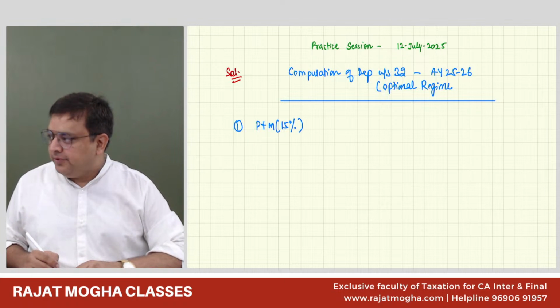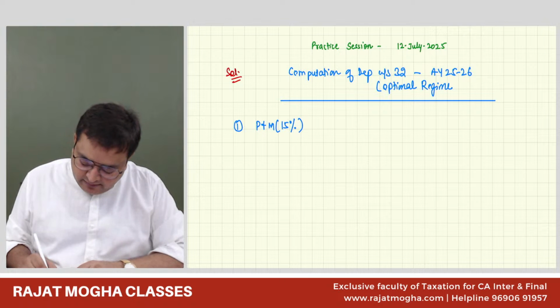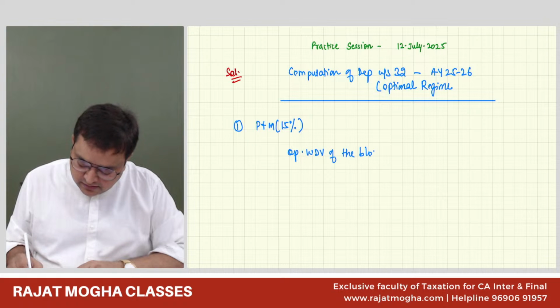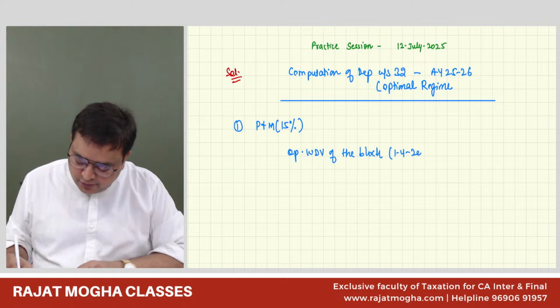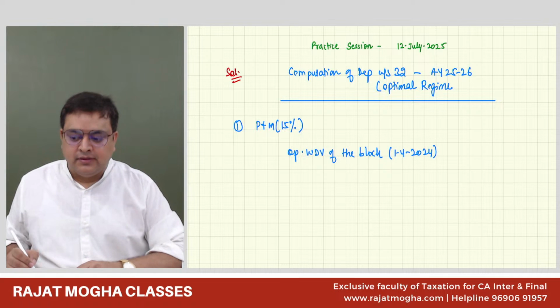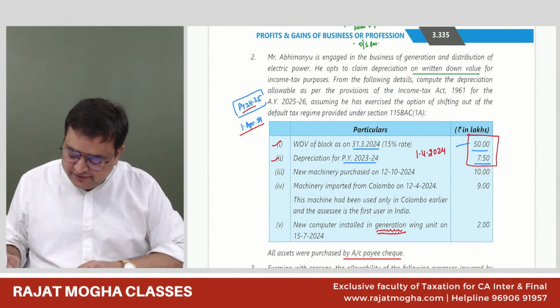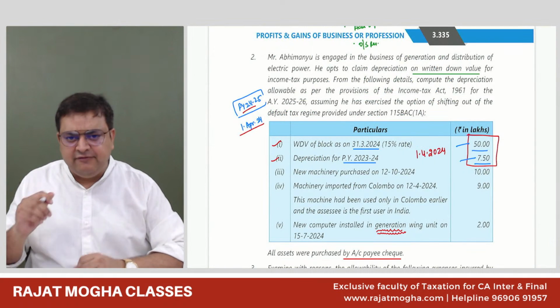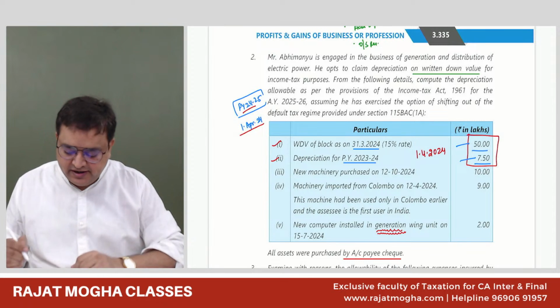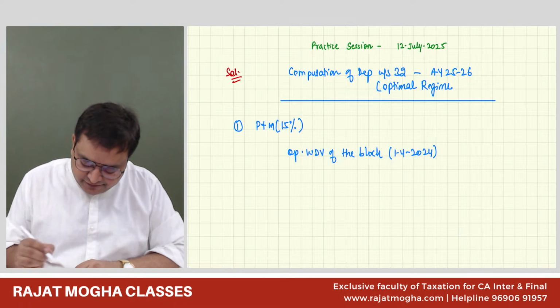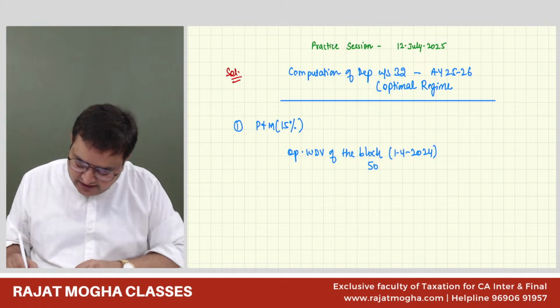How will we compute it? Opening WDV of the block, opening WDV means as on 1/4/2024. Opening WDV of the block was how much? 50 minus 7.5. So I will just show that we are reducing it. 50 lakh minus 7.5 lakh.